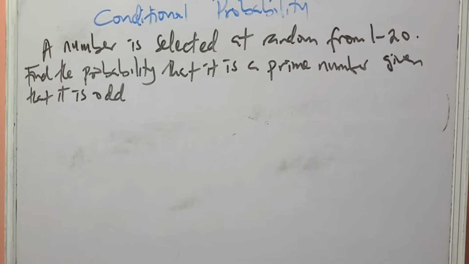A number is selected at random from 1 to 20. Find the probability that it is a prime number given that it is odd.